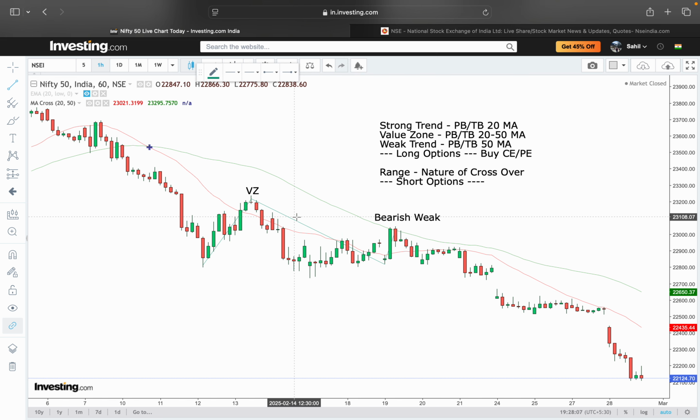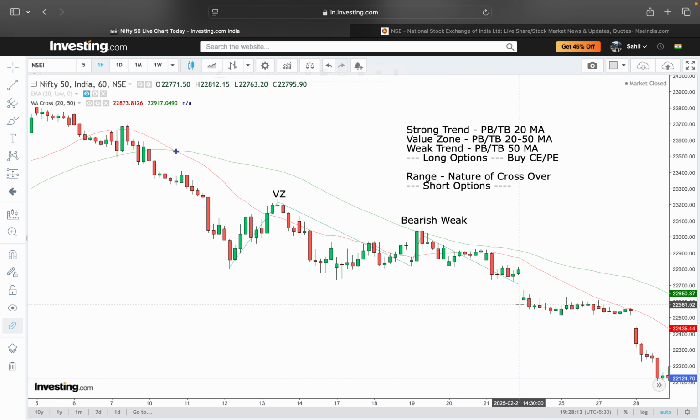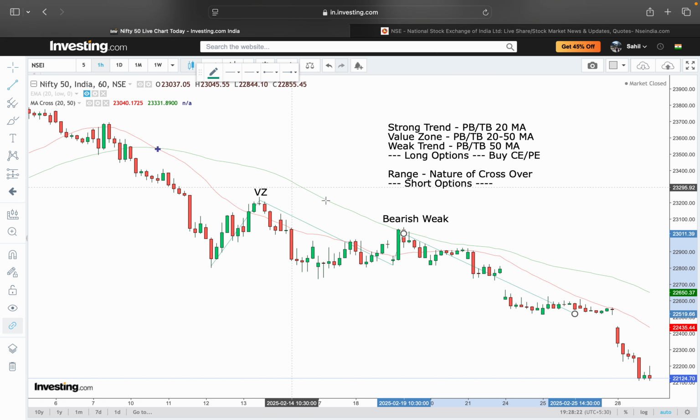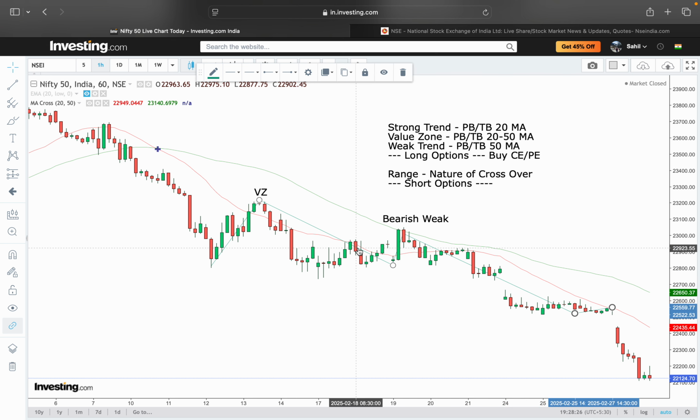I'll just select this here. The stock came to the previous lows, then created a new low, as we can see, with a gap down. And while creating a new low, it created a very shallow high till the 20 period moving average, at which point the assessment would be bearish strong.